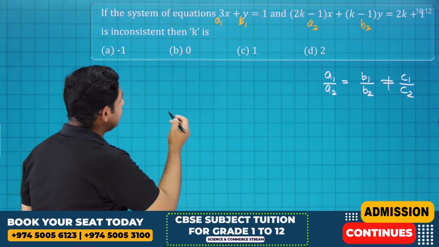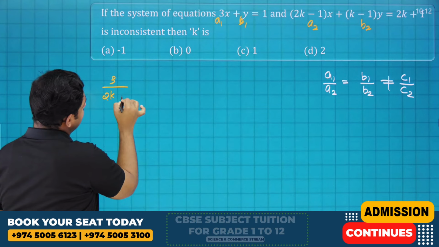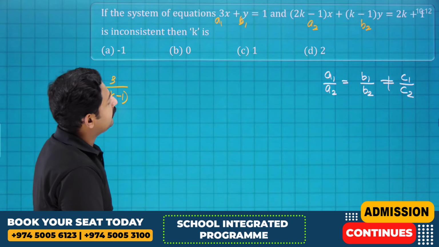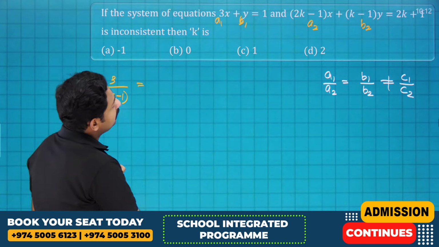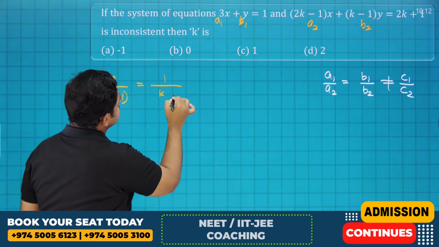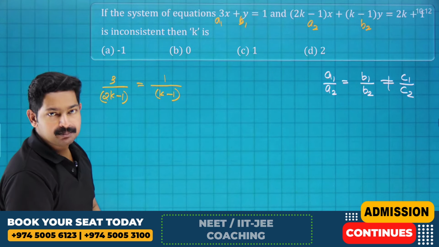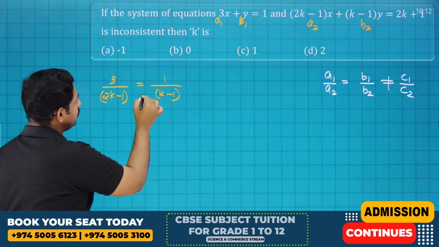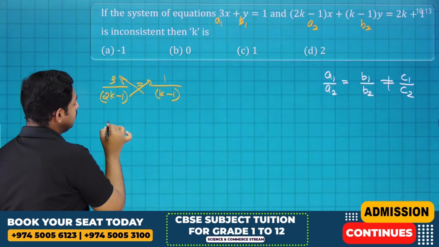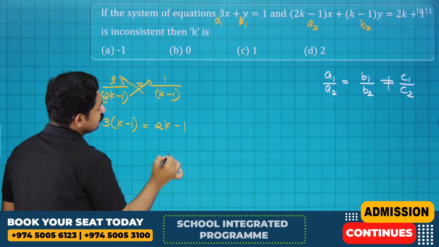If you equate that, A1 by A2 means you will get 3 by 2k minus 1, which is equal to B1 by B2, meaning 1 by k minus 1. So A1 by A2 is equal to B1 by B2, and we can cross multiply. If you cross multiply, you will get 3 into k minus 1 is equal to 2k minus 1.